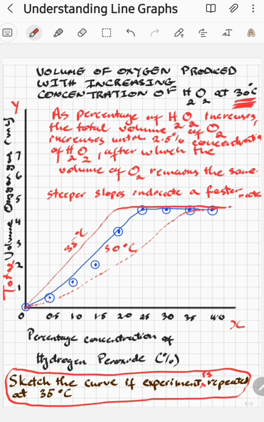Okay, so this is going to be 25. So gentler slopes indicate a slower rate. Okay, so this is just something to keep in mind.